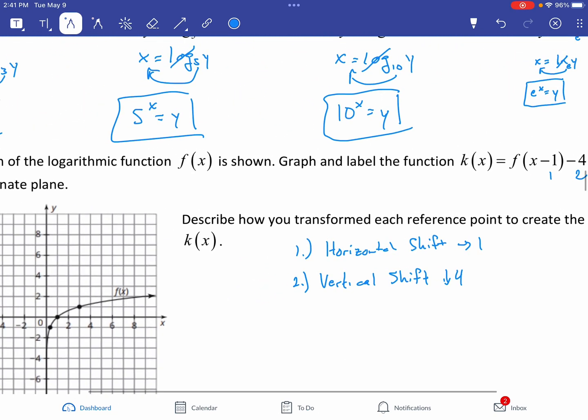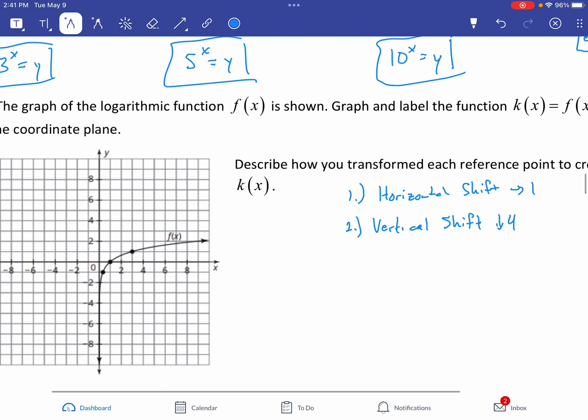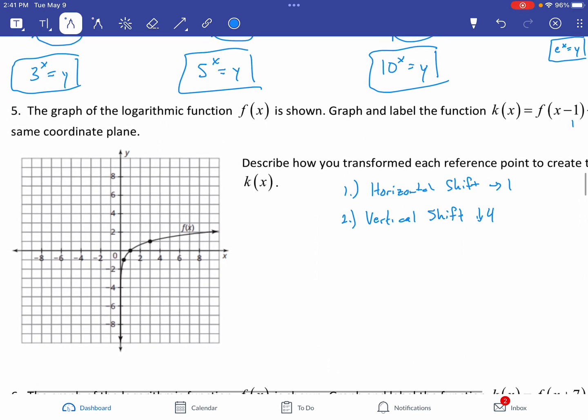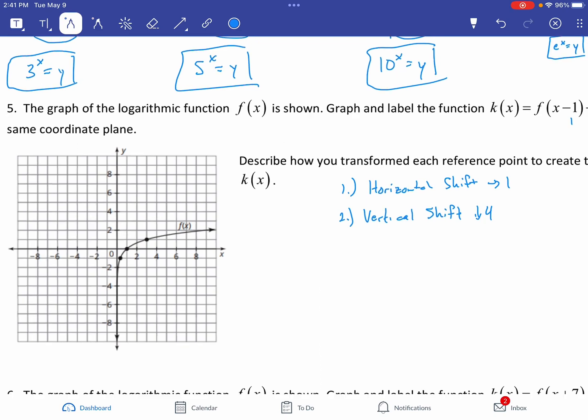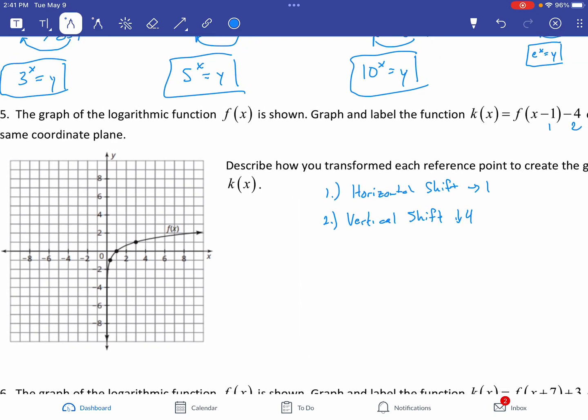Now we have to graph them on this coordinate plane here. So I'm going to use these points. I'm going to just use 2 of them to help myself out and make them go to the right by 1 and down by 4. So here's 1, 2, 3, 4. That's 1 point. Here's the other point. The other point's going to be someplace there.